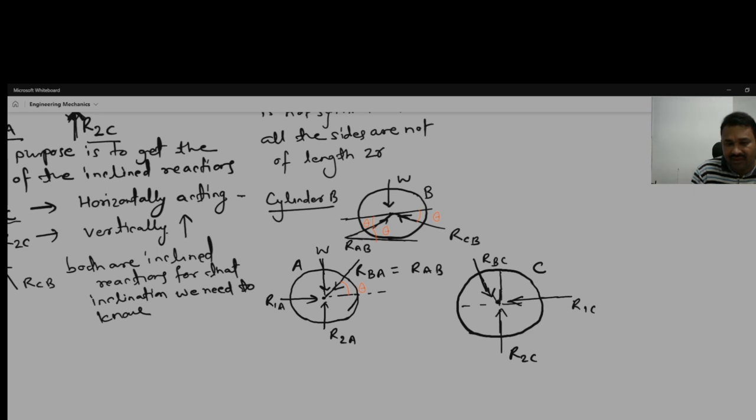This actually we are going to extend this one, this angle theta, and this is the B, this is the RCB. Okay.